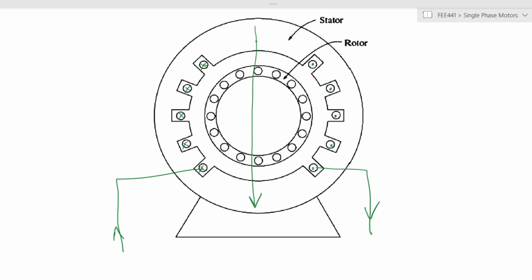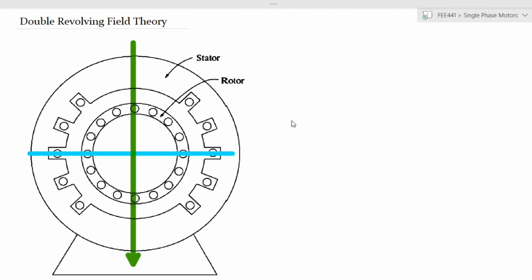So you will find that the resulting magnetic field can only be either, in the case of the cross-section that we have here, in a downward direction or in an upward direction. Those are the only two possibilities. So what happens when this phenomenon is seen? That leads us to what is called the double revolving field theory.